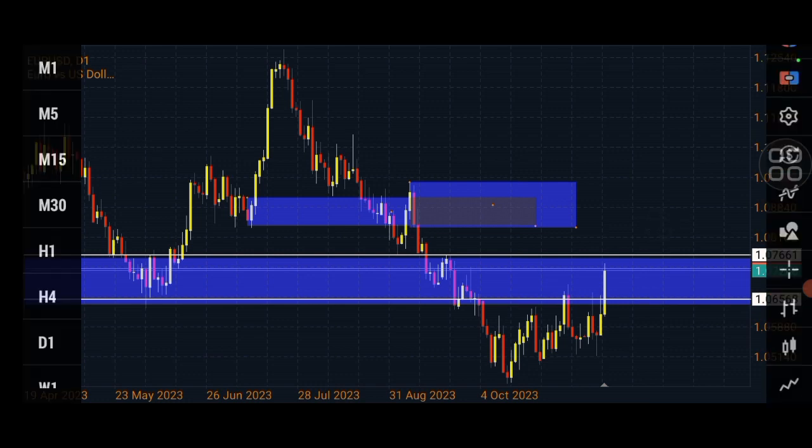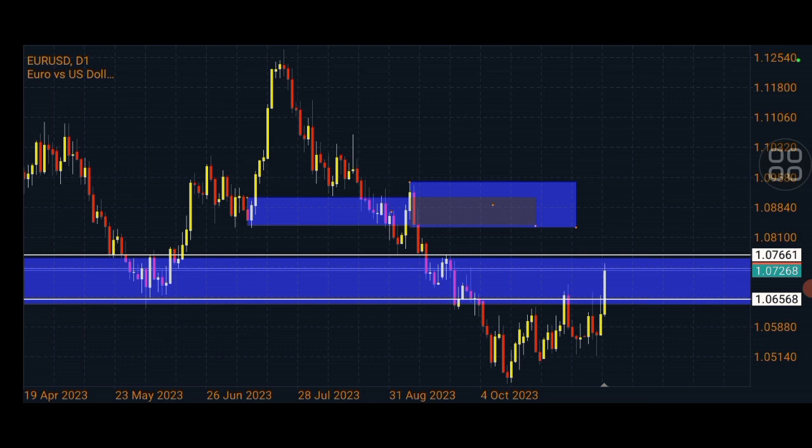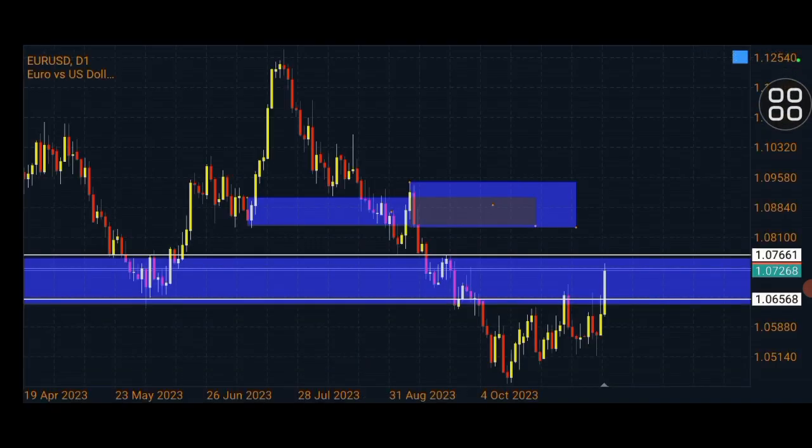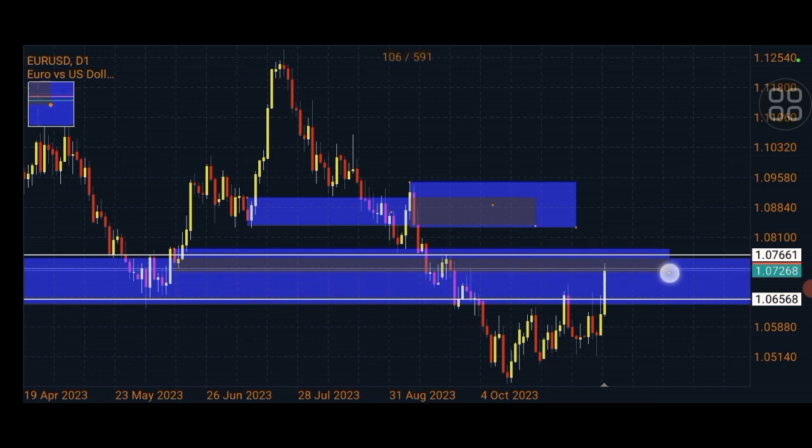Line chart. Here, let me introduce this zone, this white zone, an engulfing buy that has broken and become an engulfing sell.